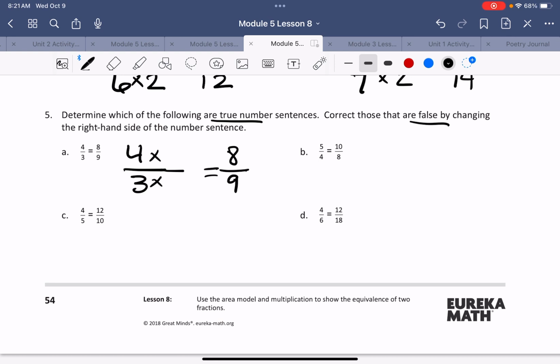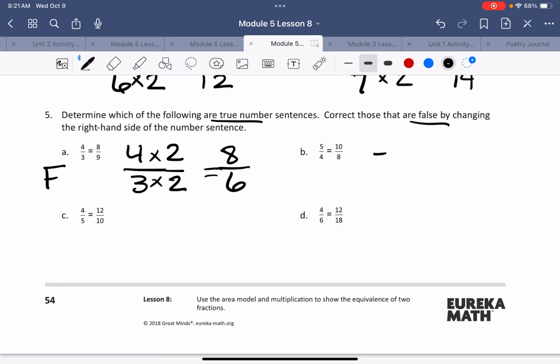Well, if I times 4 times 2, I get 8. But 3 times 2 does not get ninths. So this is false. So I need to show that I could multiply 4 times 2 to get 8, but it would equal 3 times 2, which is 6.